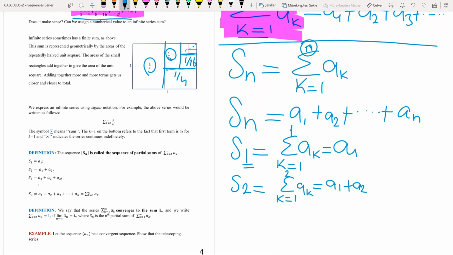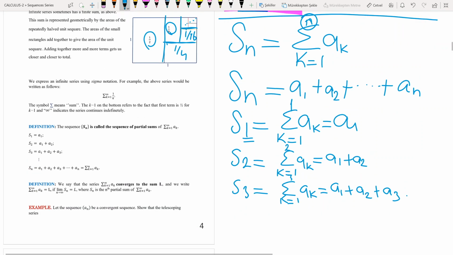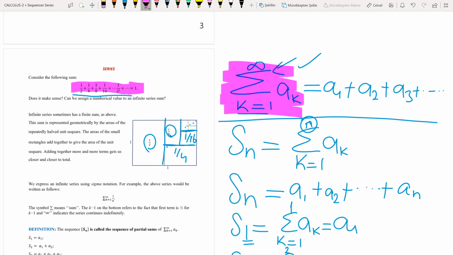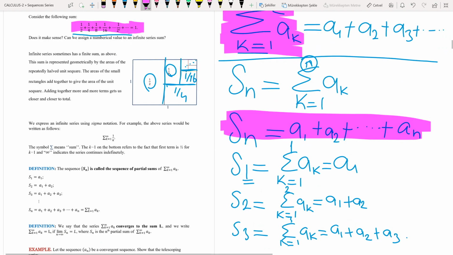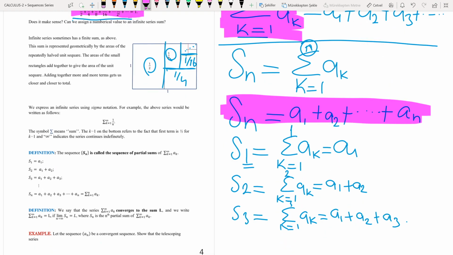S3, summation from 1 to 3 of ak, is a1 plus a2 plus a3. Using the same idea, you can get the whole formula of Sn: a1 plus a2 plus a3 up to an is equal to the n-th partial sum of the given series, as it is given in this definition.